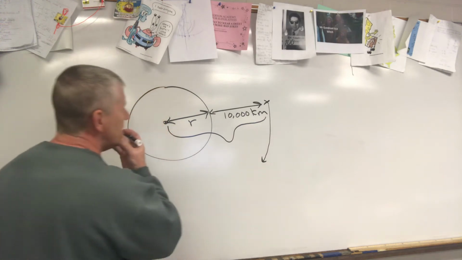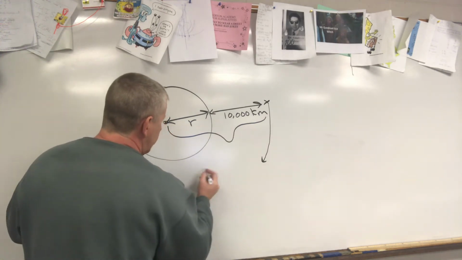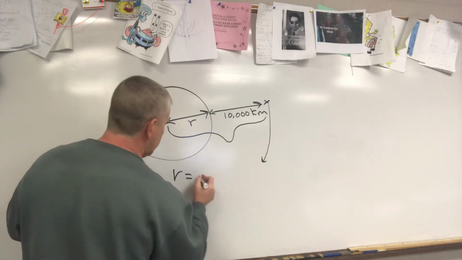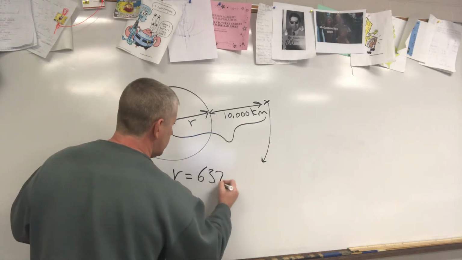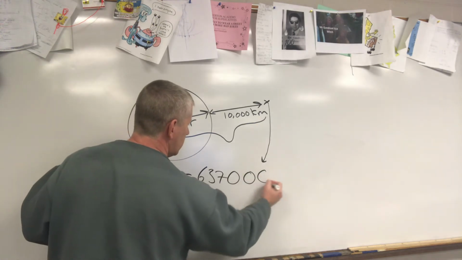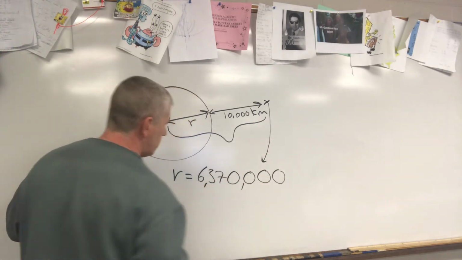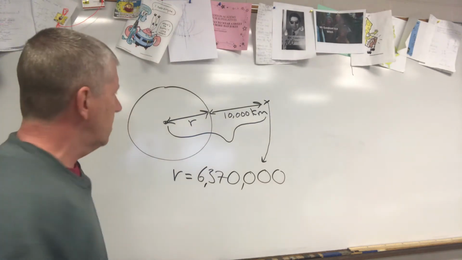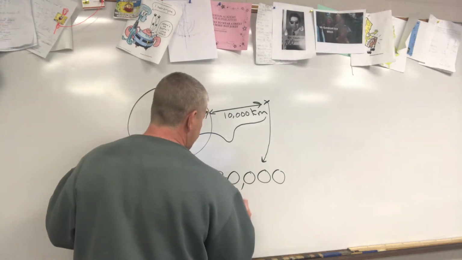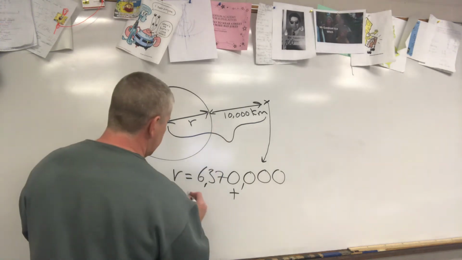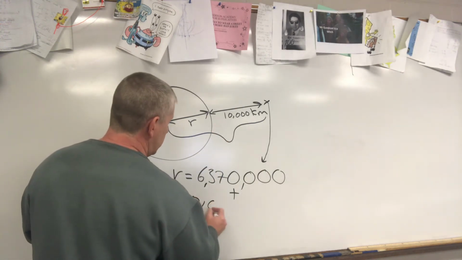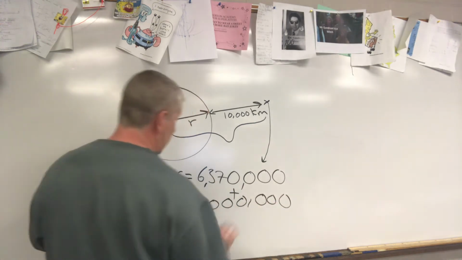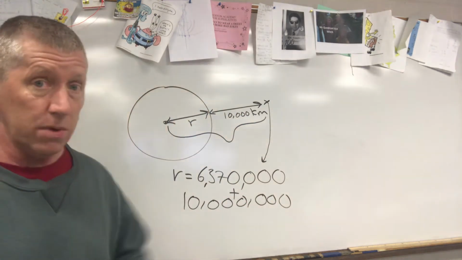Okay, let's see. So R, or the distance above the center, will be 6,370,000 meters. That's 6,370 kilometers. Plus 10,000,000, because we got to make sure that's in meters, not kilometers.